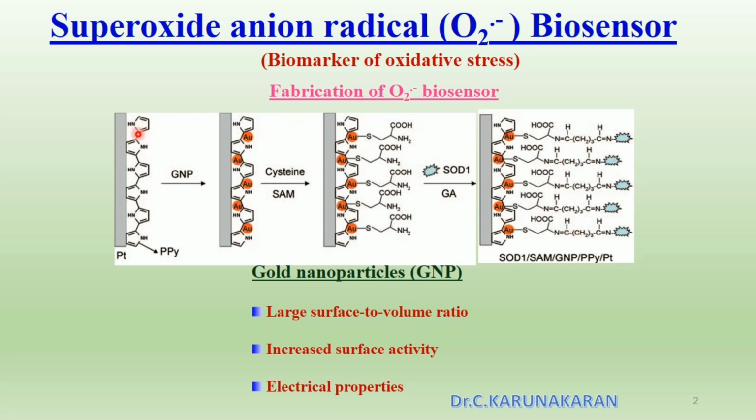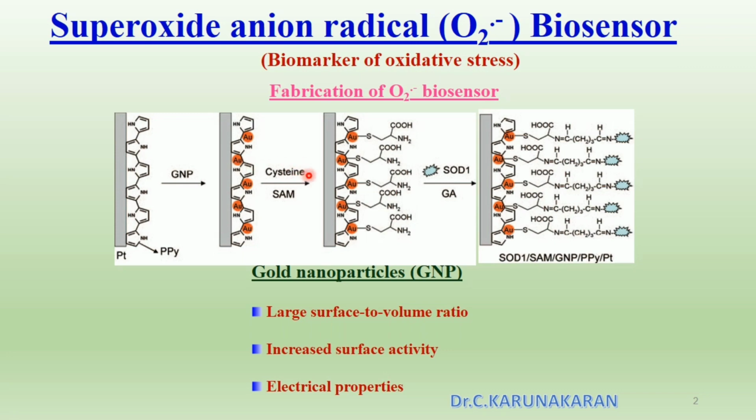electrode. If you simply place SOD1 on the platinum electrode, the SOD1 will not bind to the electrode tightly. Therefore, we have modified the electrode using a conducting polymer. Polypyrrole is a conducting polymer, and in the polypyrrole nanomatrix we have used gold nanoparticles, which are impregnated in the cavities of the polypyrrole matrix, and again a self-assembled monolayer is formed with the thiol.